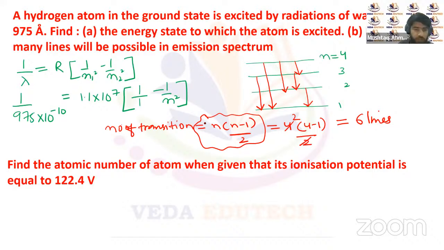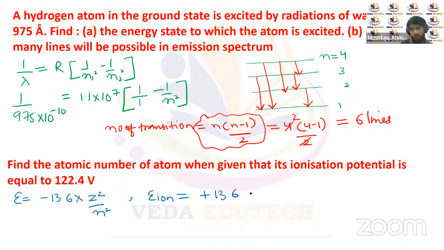Now the question is: find the atomic number of an atom given that its ionization potential is equal to 122.4 volt, so the ionization potential of the electron is given as 122.4 electron volt. We know that the energy of the electron is given as minus 13.6 Z square upon n square, so the ionization energy has to be equal to plus 13.6 Z square upon n square.